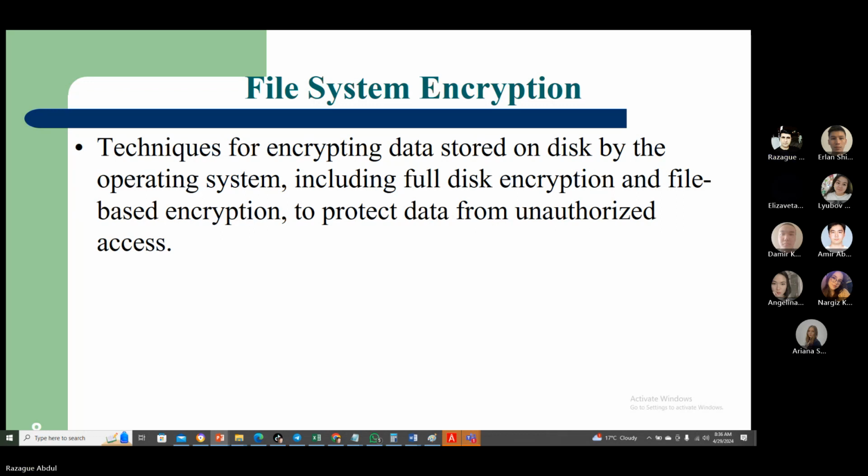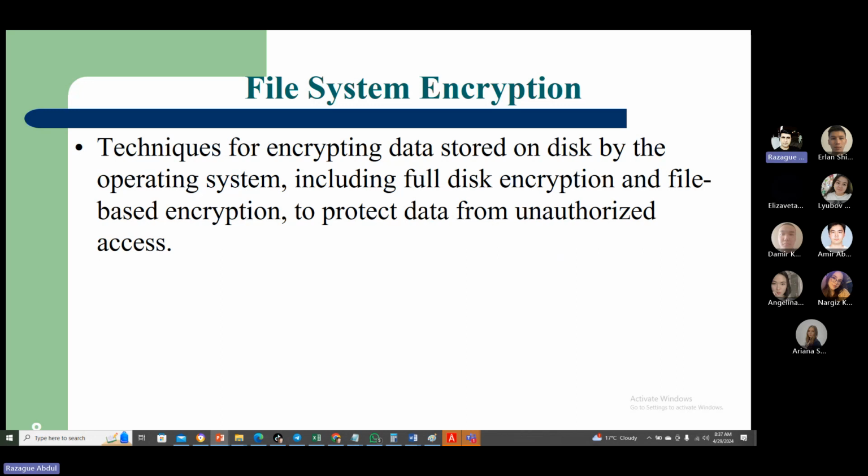So how do we implement FDE? FDE means full disk encryption, and it is typically implemented at the hardware level, like self-encrypting drives, or at the software level. If we implement it at the software level, then we can use BitLocker for Windows, FileVault for the Mac operating system, and DM-Crypt for Linux.